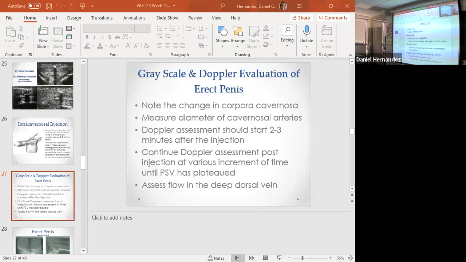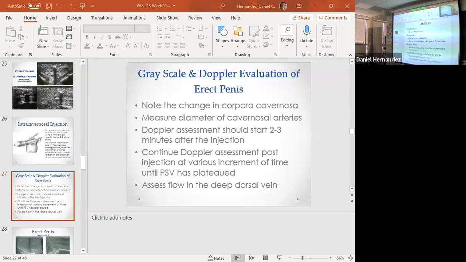We can wind up with spectral broadening when we're doing our pulsed wave Doppler and elevation of peak systolic velocities, but not affecting PI or our velocity ratios. That's why your velocity ratio can sometimes become important. That's pulsatility index or your velocity ratio. Also think of RI.